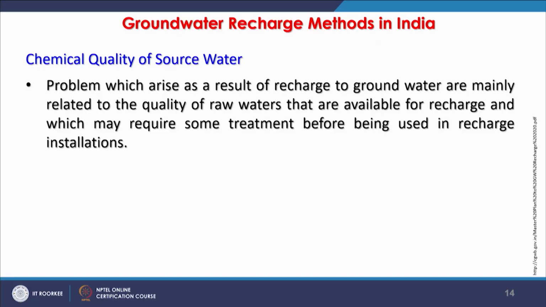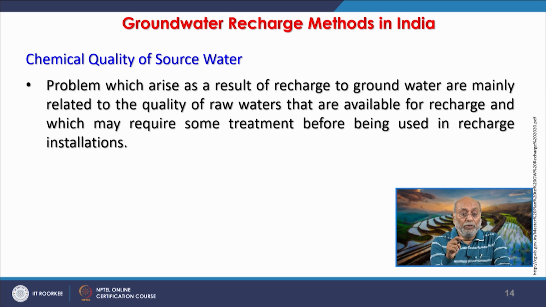Now, the chemical quality of source water, if that can be assessed beforehand, wonderful. And we have already discussed that if the water to be used for groundwater recharge is not of good quality, then treatment is required. Treatment before being used in a recharge installation must be there.